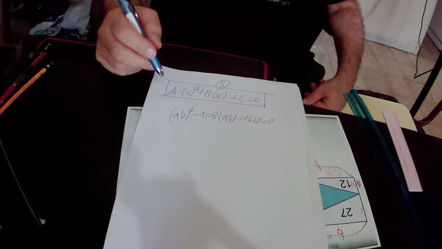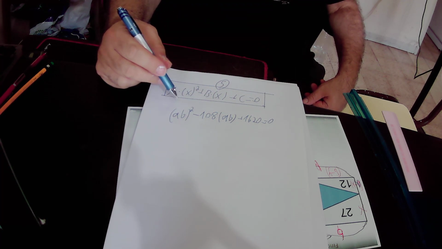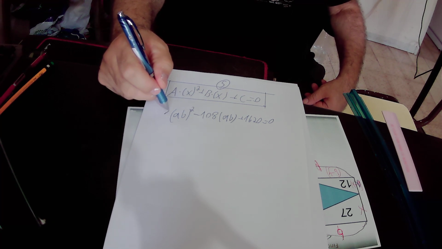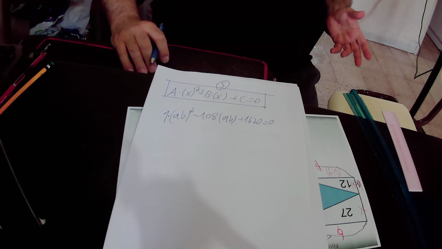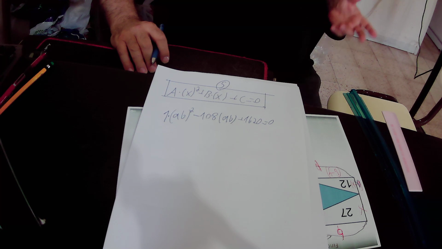Here I can multiply the expression AB squared by 1, because any number or expression that is multiplied by 1 doesn't change its value. 5 times 1 equals 5, so the value is still 5.